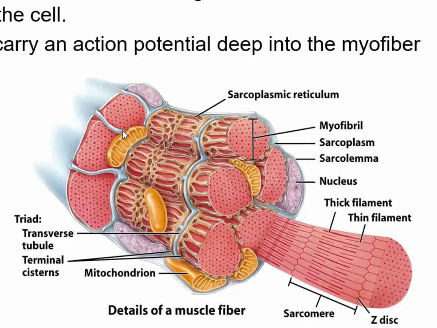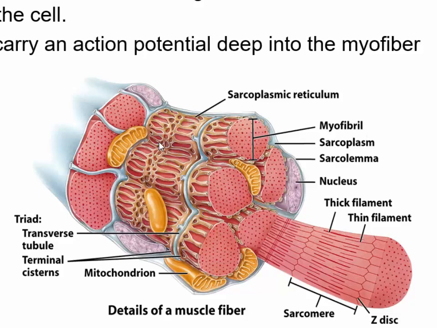It's just a particular part of the sarcolemma as it comes down, and it still contains those voltage-gated sodium-potassium channels. When action potentials come down the sarcolemma, they continue down these T-tubules to carry the action potential deep inside the muscle cell, which is going to stimulate this structure right here called the sarcoplasmic reticulum.